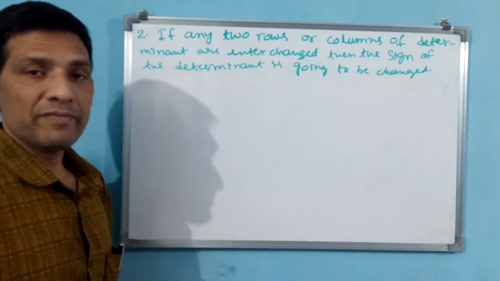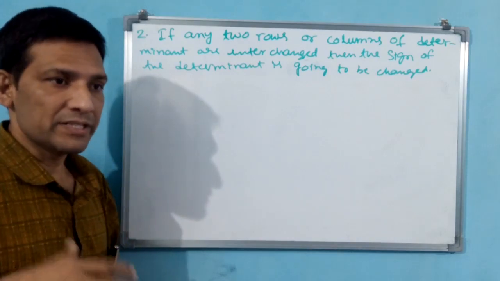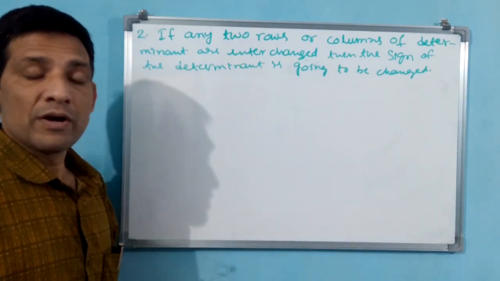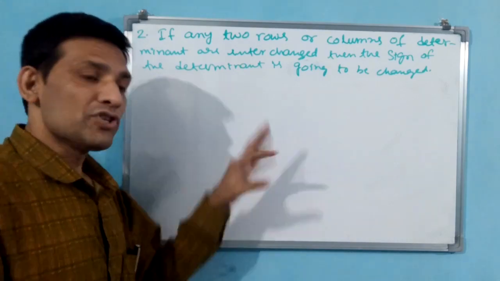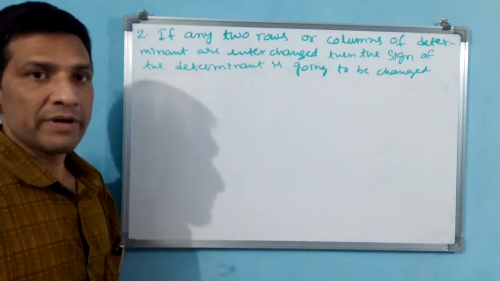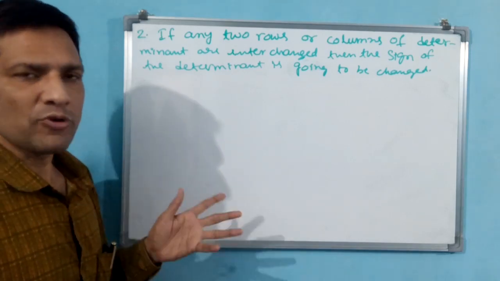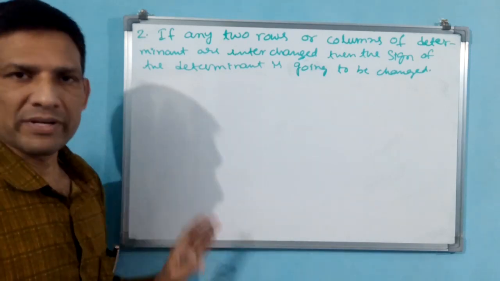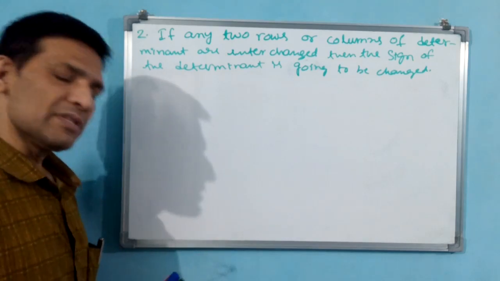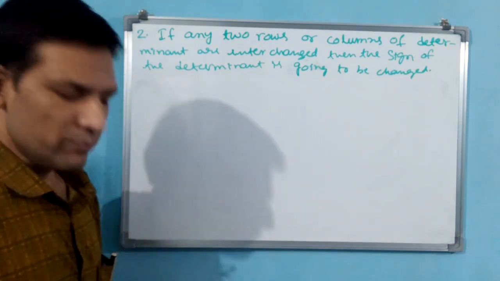See, for verification, any number we can take randomly and an answer is going to come. But is it true? If we change numbers again, what is going to come we don't know. That is why after verification, let us do proof also. Proof means we are not going to take numbers. We are going to take alphabets A, B, C, D and so on. Then if you are able to show it with that also, we'll call it a proof.